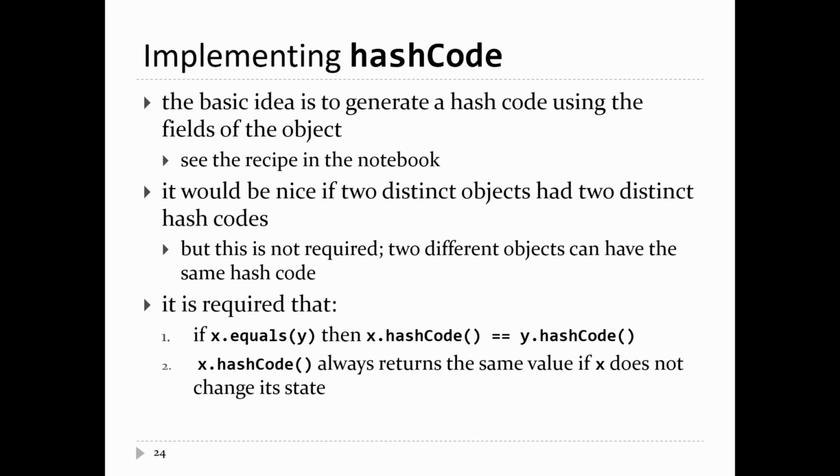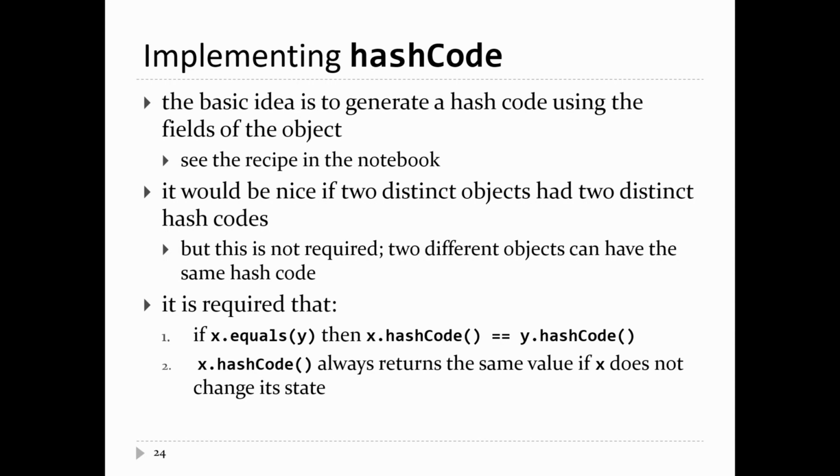Now, what else must be true? Remember, to put the object into the hash table, it computed the hash code for the object and then found the bucket corresponding to that hash code. So it must be the case that if x doesn't change its state, x.hashCode always returns the same value.